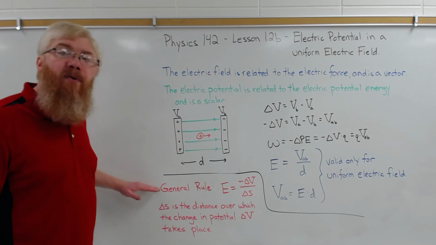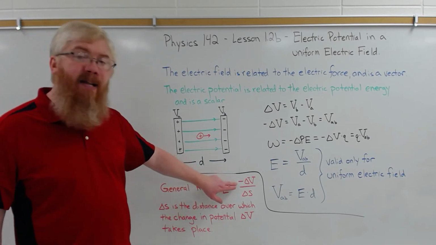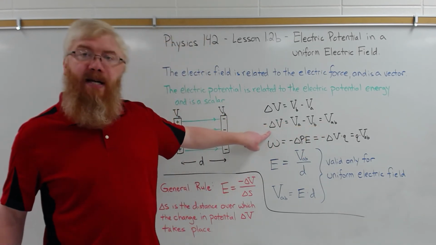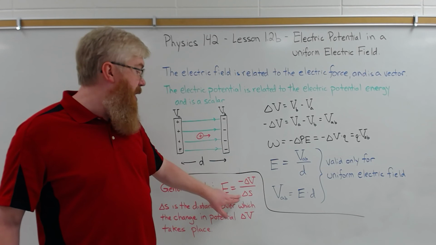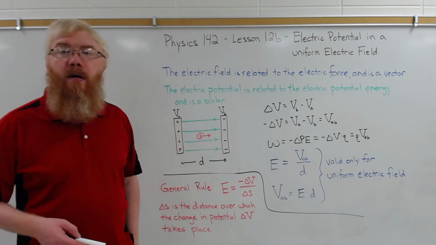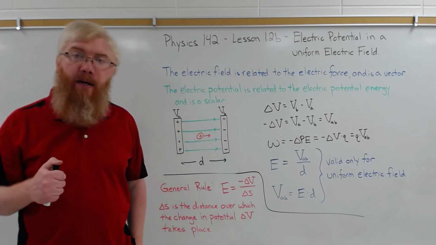Now, the general rule is the electric field strength is equal to the negative change in potential. Remember, V sub AB is the negative change in potential for this problem. The negative change in potential over delta S. Delta S is just a placeholder that could be delta X, delta Y, or delta Z, depending on what direction you're going.